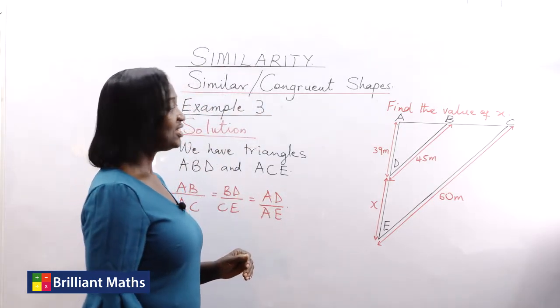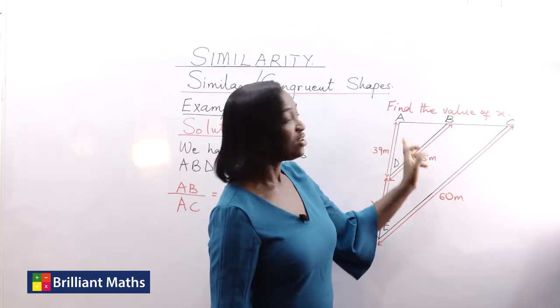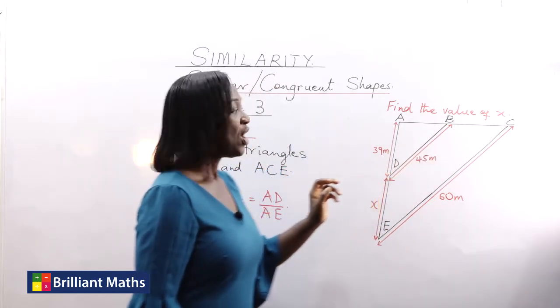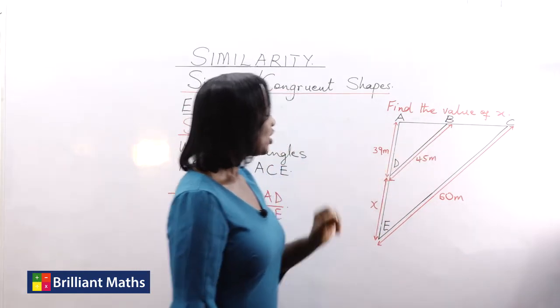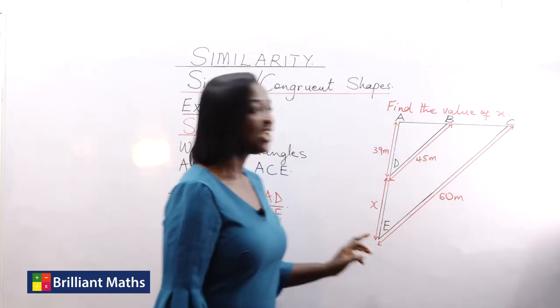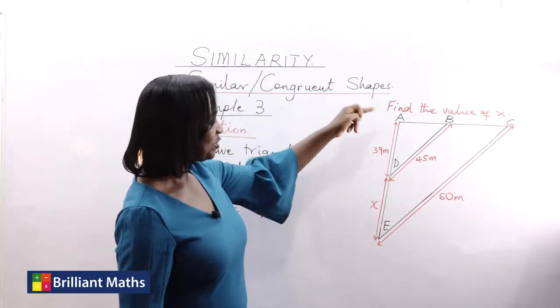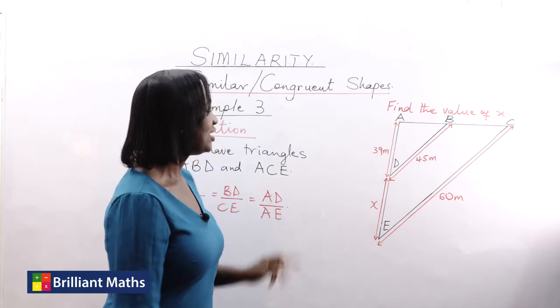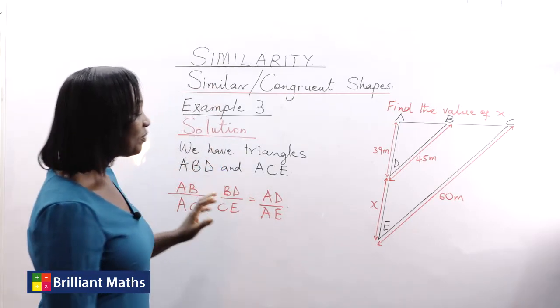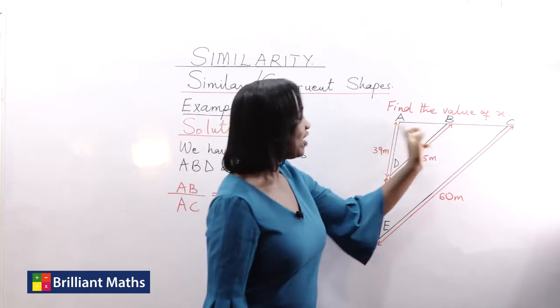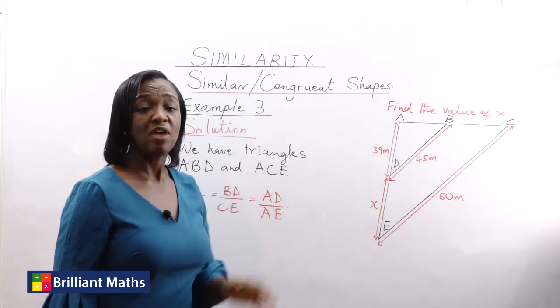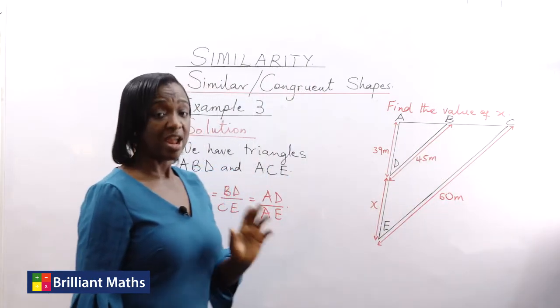corresponding sides. AB corresponds to AC, and BD corresponds to CE, and AD corresponds to AE. So we have that AB over AC, the ratio of the corresponding sides are equal.